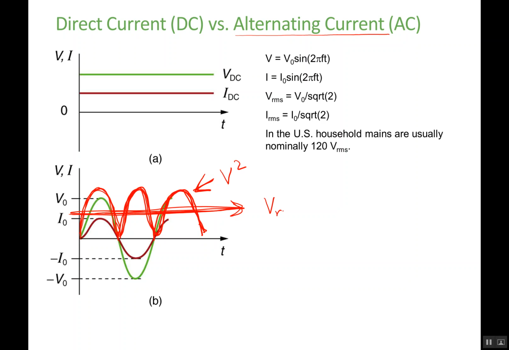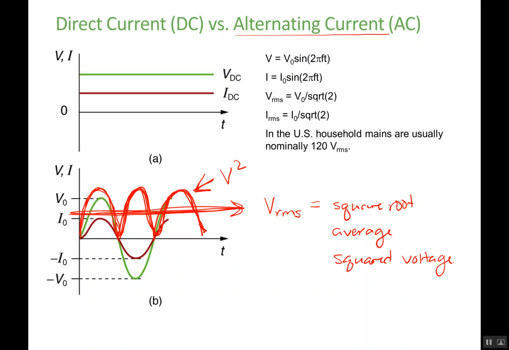So when we say VRMS, what we're saying is find the square root, that's the root part, of the average squared voltage.